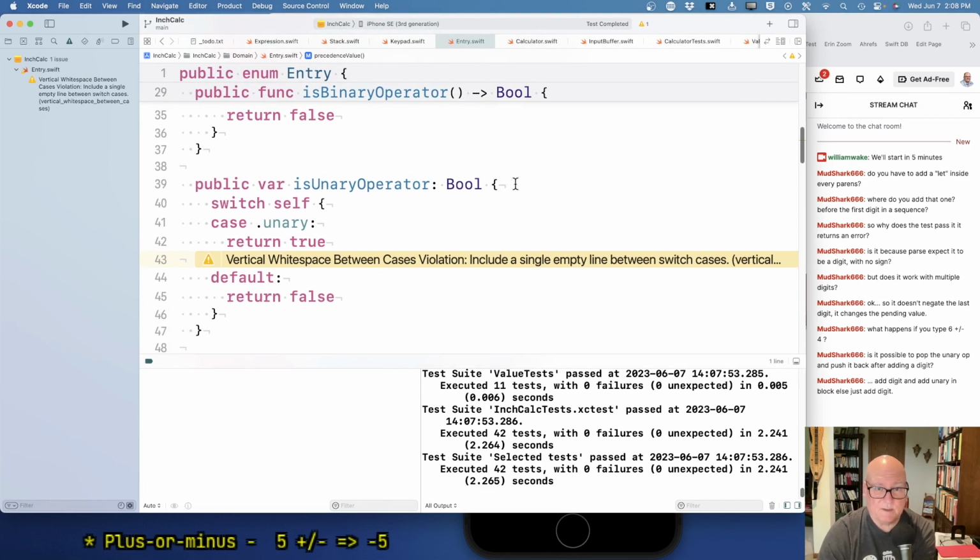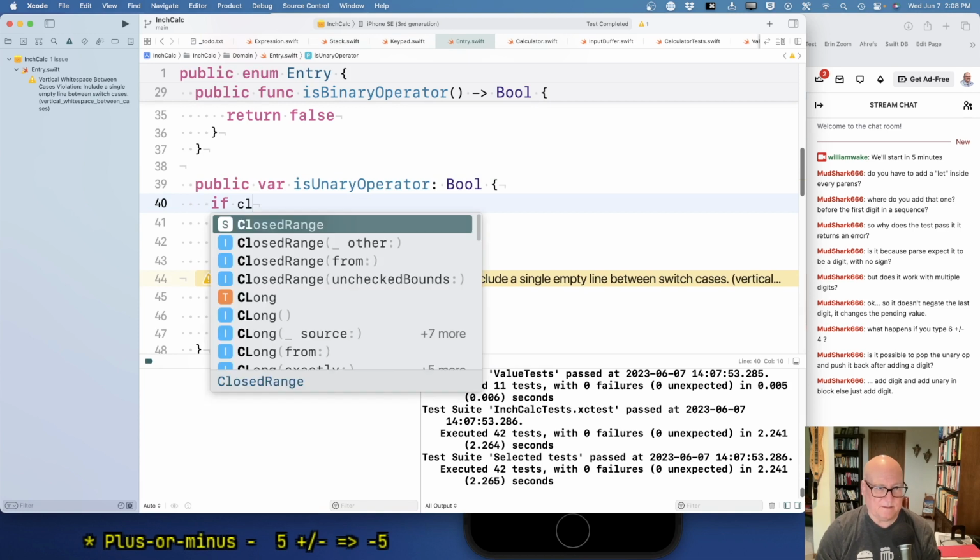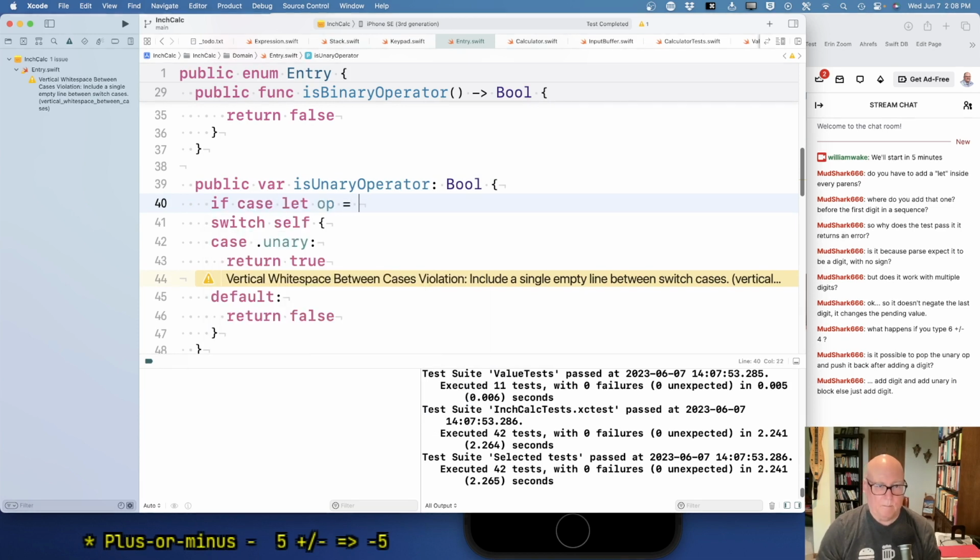Now, I feel like there should be a way to write this directly. If case. Now, if I do case let, I'm assigning it to.